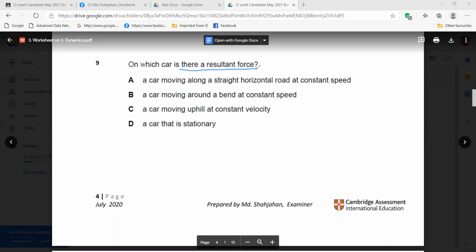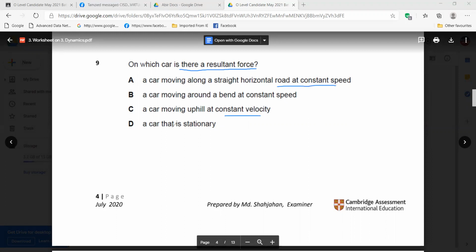So this one is related to, a car is moving along a straight horizontal course, so there will be no resultant force, right? It is Newton's first law. Then a car moving uphill at constant velocity, this is also Newton's first law. Yes.